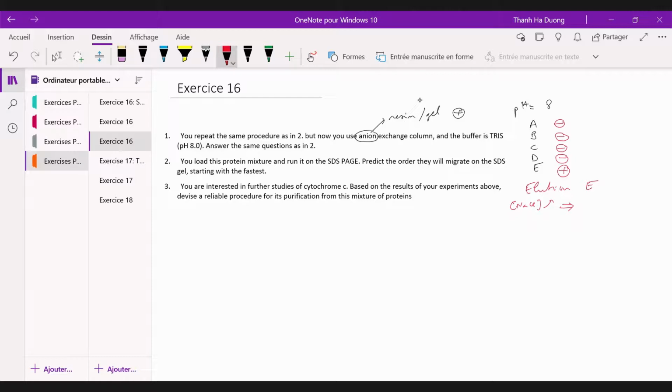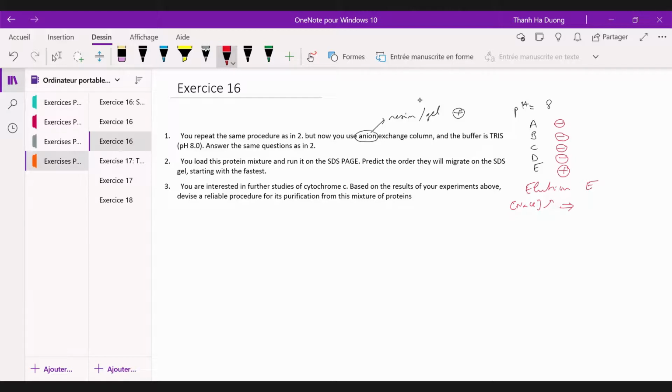The first one will be the one which has a low value of the difference between the pI and the pH.